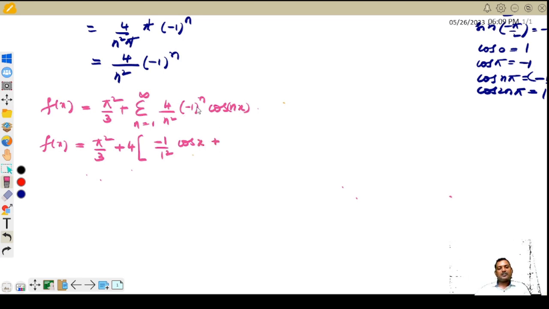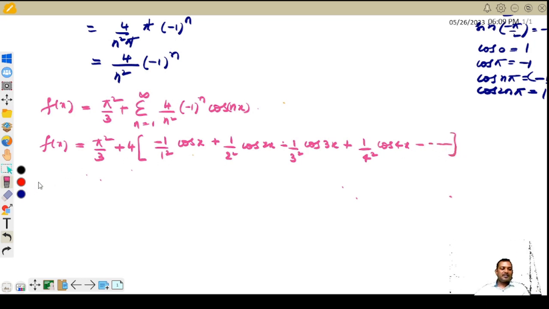Next, minus 1 whole raised to 2, take n is equal to 2, you will get 1 by 2 square into cos of 2x. Next value is minus 1 whole raised to 3 is minus 1 divided by 3 square into cos of 3x, plus minus 1 whole raised to 4 is 1 by 4 square into cos of 4x minus and so on.